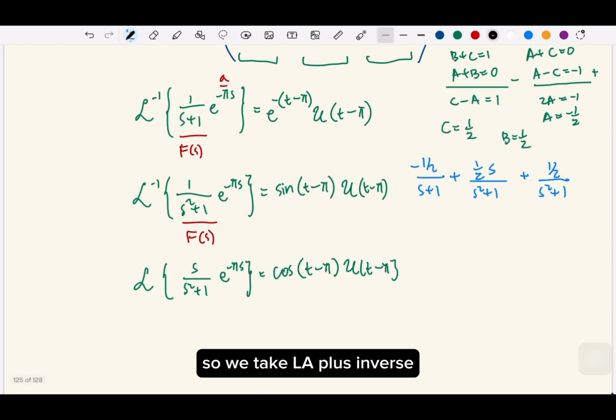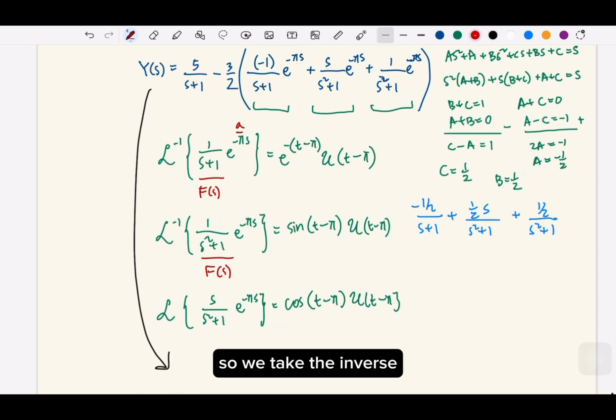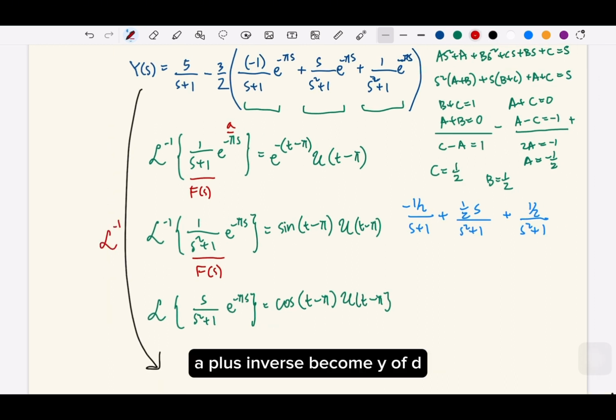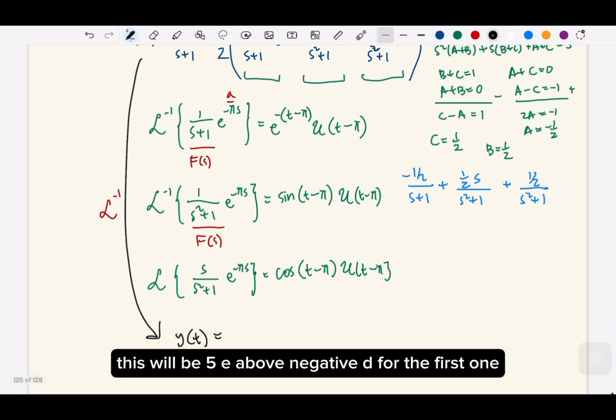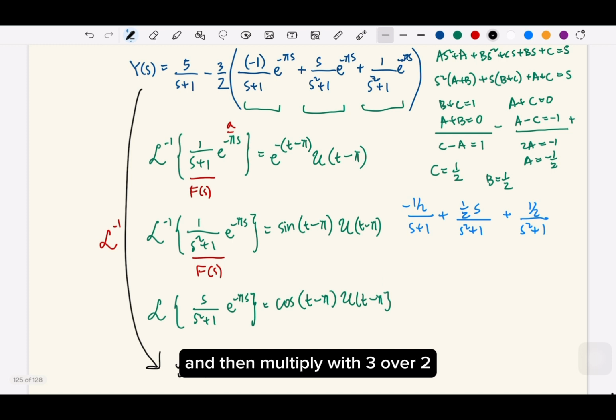So we take Laplace inverse, so let me write here. So we take the inverse Laplace, become y of t. This will be 5e with power of negative t for the first one. And then multiply with 3 over 2.